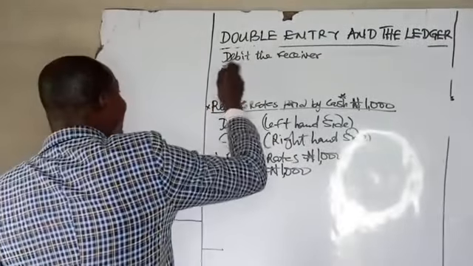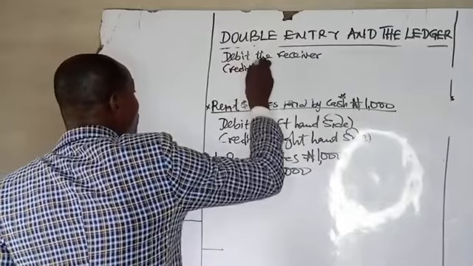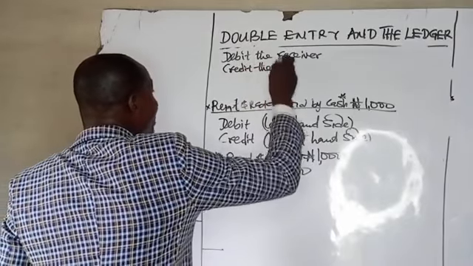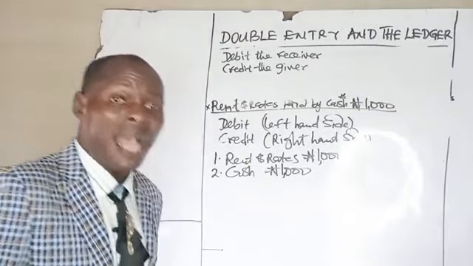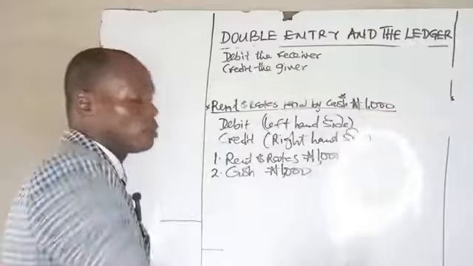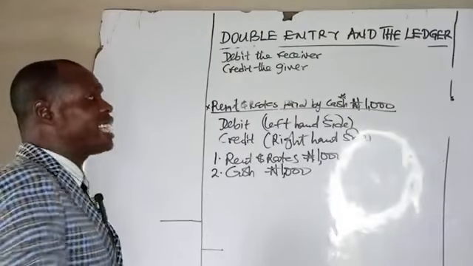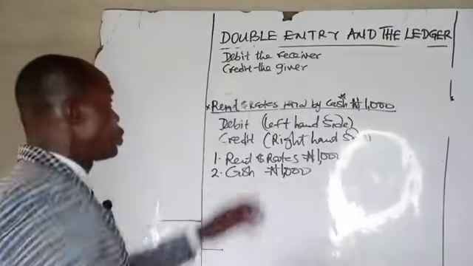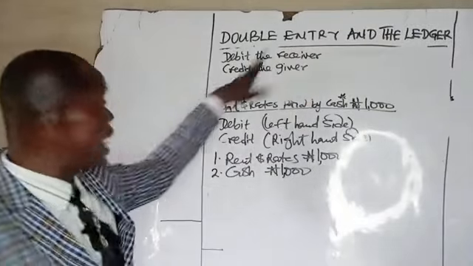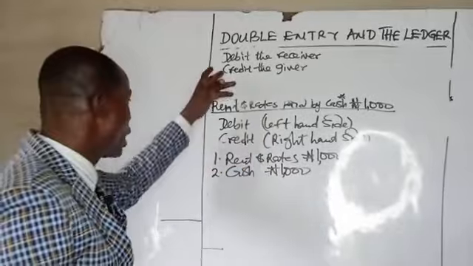Then you credit the giver, the account or the person that takes out the value. Something that is going out. If it is going out, that is the giver, you credit it.